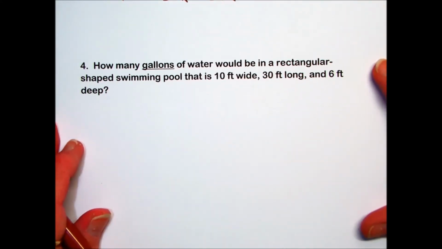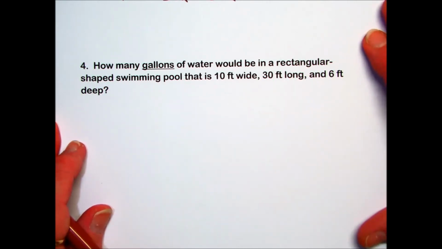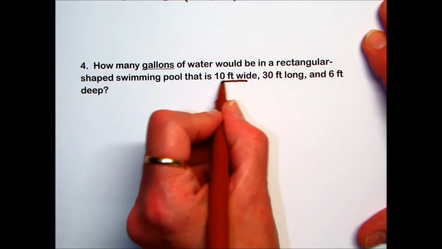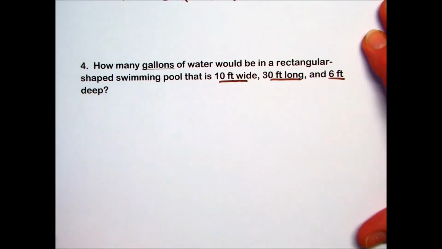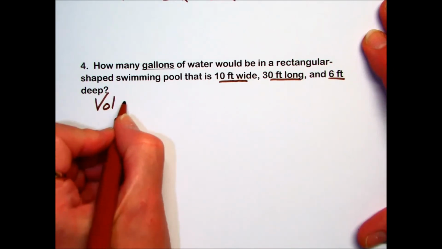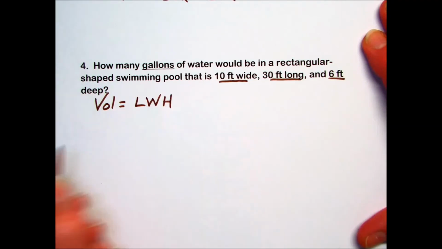Problem number 4 says how many gallons of water would be in a rectangular shaped swimming pool that is 10 feet wide, 30 feet long, and 6 feet deep. This problem is giving us all 3 of this rectangular solid shape's dimensions in the same units. So we're ready to go ahead and find the volume using the formula that we derived in the previous problem.